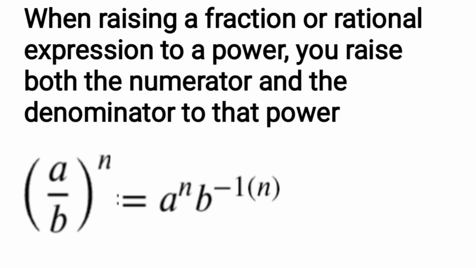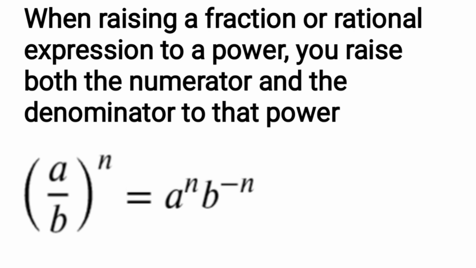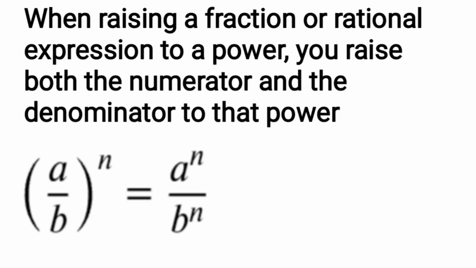So we have a to the power n times b to the power -1 times n, and -1 times n is -n, so we have a to the power n times b to the power -n. A negative exponent must be in the denominator, so we come up with a to the power n over b to the power n.